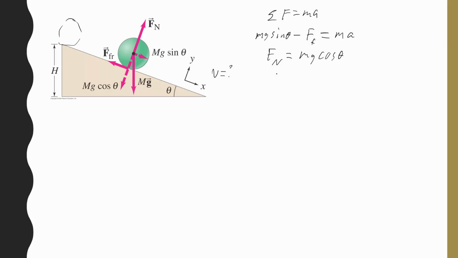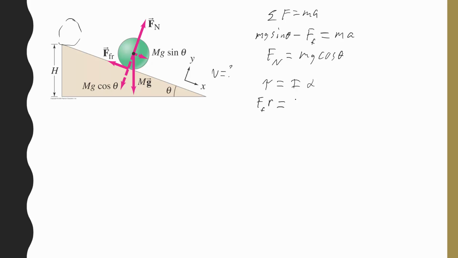Alright, then we can look at the torques acting on this sphere, so we've got torque equals I alpha. Now there's only one force that's exerting a torque on this, because the ball is going to rotate about its center. The normal force will act up through the center, gravity will be pulling down from the center, so the lever arms are 0, and those aren't exerting any torque. So the only torque we have is friction, so we're going to have friction times the distance, which is the radius of the sphere.